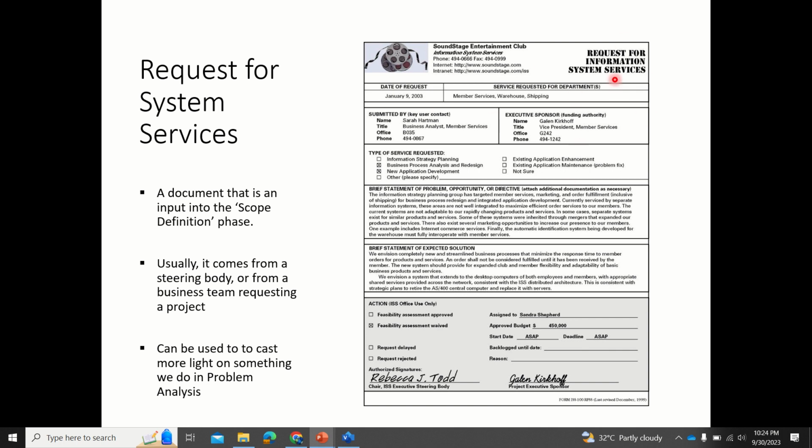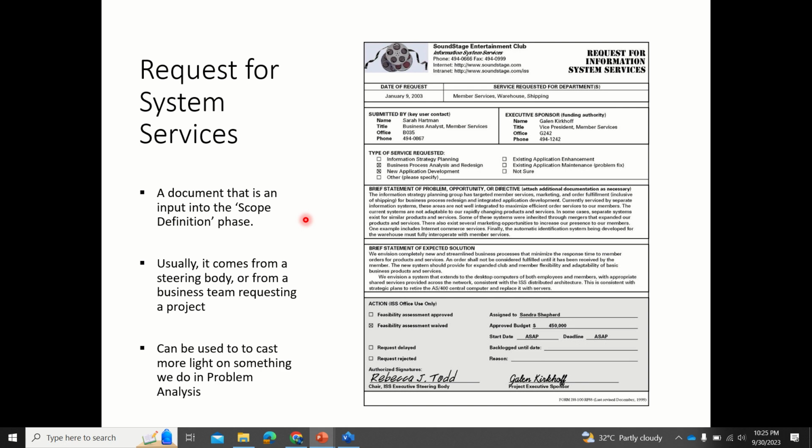This is one example which is given in one of the famous textbooks. It is called the request for information system services. We basically request for system services because this is kind of a project proposal. We are trying to identify certain problems and certain inputs to the scope definition phase, so that we can include what all we require, what we are going to do, what the problem is, what the objective is, what the directive is, and what could be the expected solution.